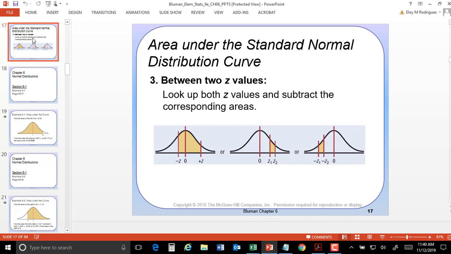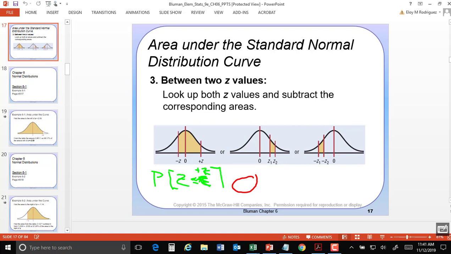If I wanted to find this area, given that the book is telling you the area from here on back, I have to take the probability that z is less than or equal to plus z bar. That's the area from here on back, of which I have to subtract from here on back.